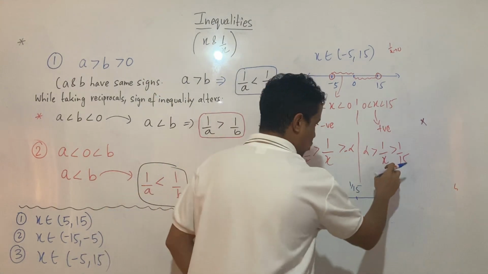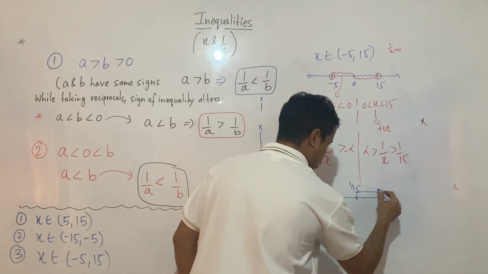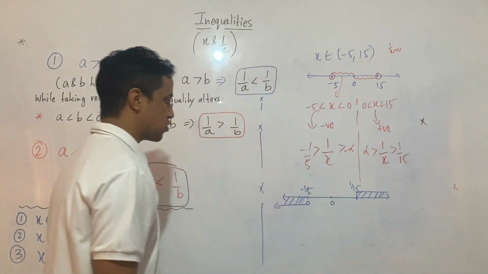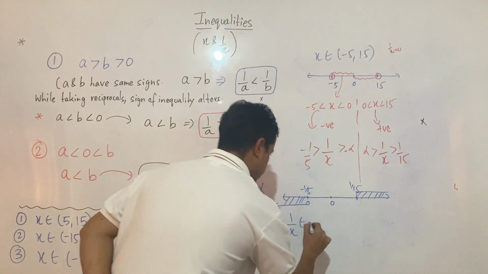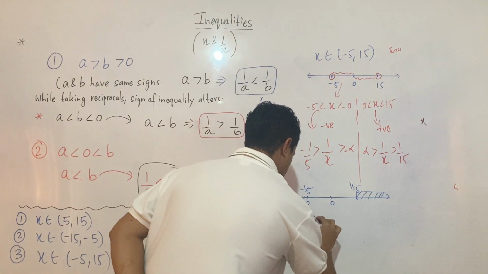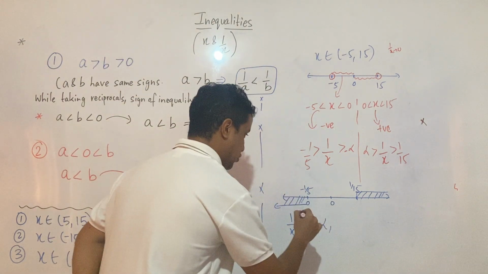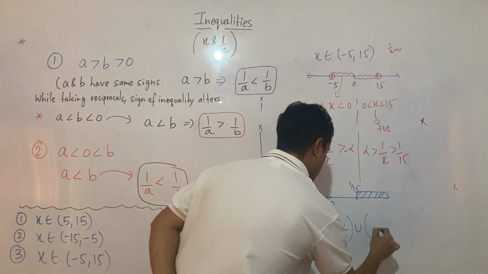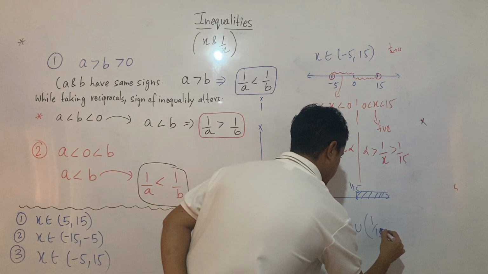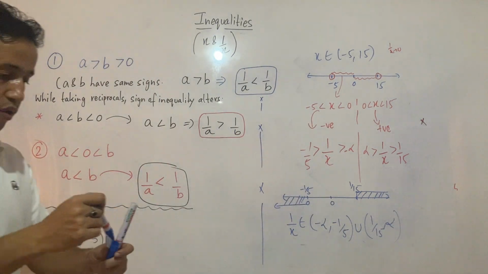And here, your 1 over x is going to be greater than 1 over 15, so it's going to be in this region. So from here, I can represent 1 over x as minus infinity to minus 1 over 5 union 1 over 15 to infinity. Okay, I hope you agree with it.